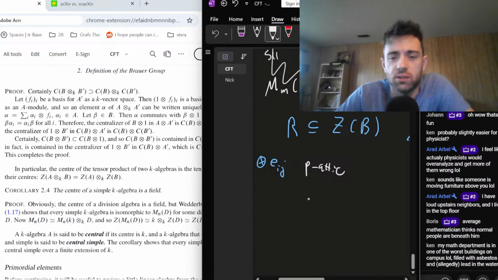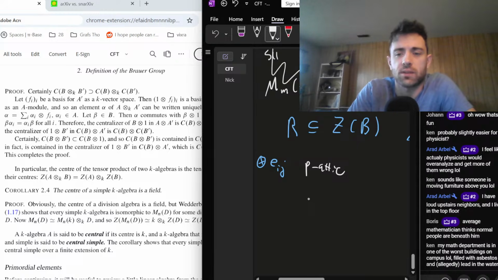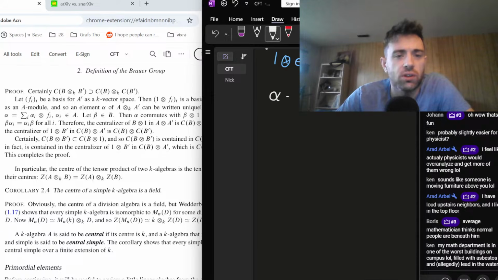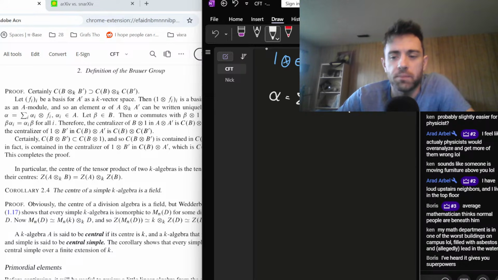That's believable, but I'm weirded out by like simple tensor nonsense, right? So alpha is the sum of alpha i's tensor f i's. So alpha beta, beta alpha. I mean, beta is in B, right? Oh, alpha commutes with beta 1, right?